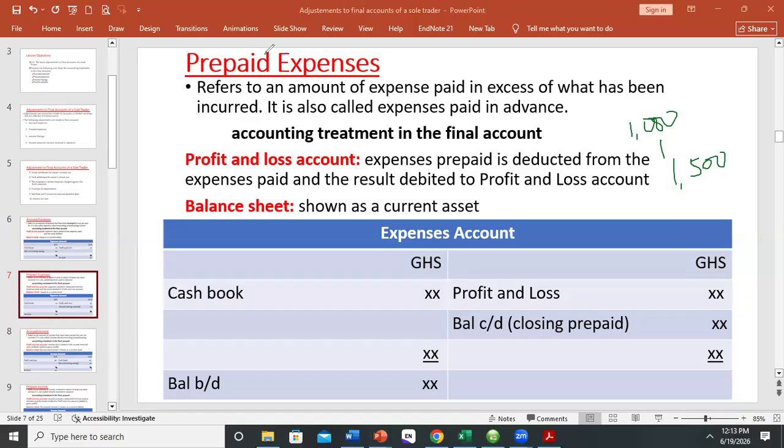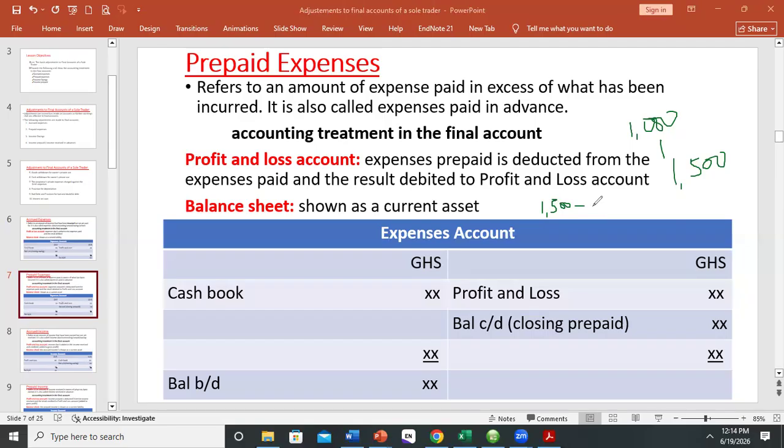You put 1,000 in your account, but in accounting, if you put the 1,000, that does not give us the clear picture. So the clear picture is that you will tell us, I've actually paid 1,500. Okay. But 500 is not for this period.